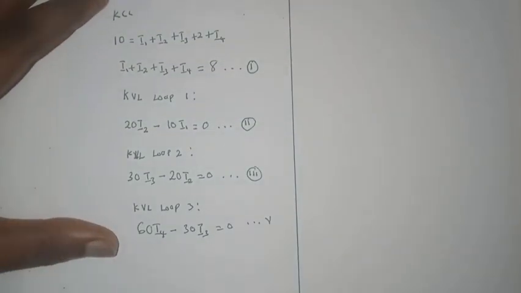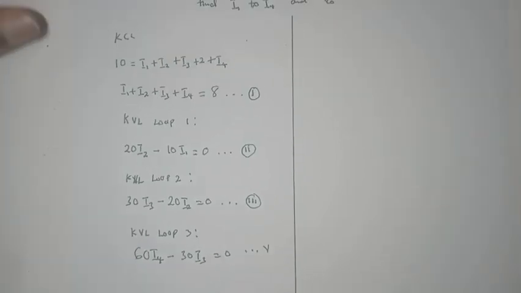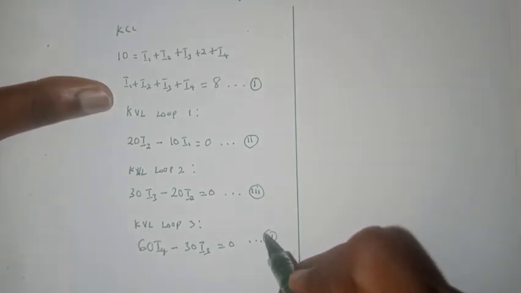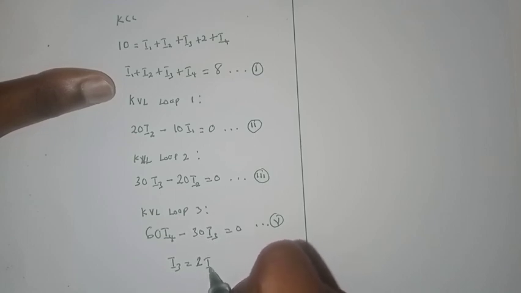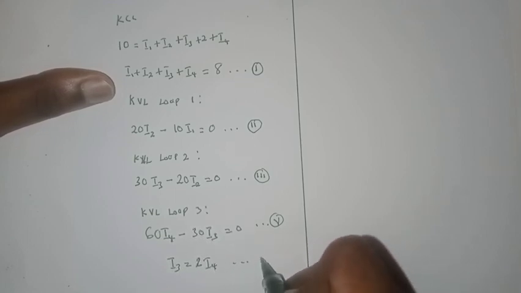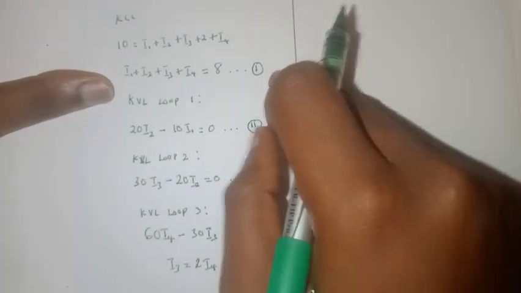this simultaneously. To do that, we know that from the fifth equation, I3 equals 2I4. Let's call this our sixth. We can substitute this in the first equation.